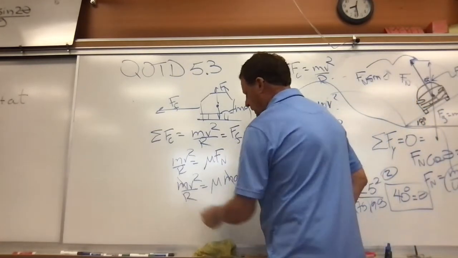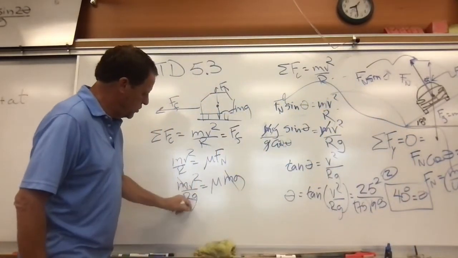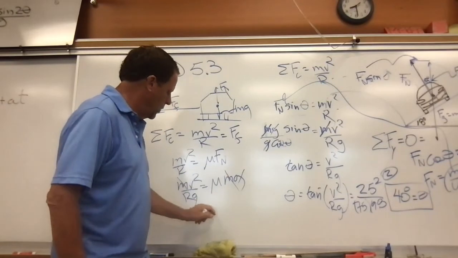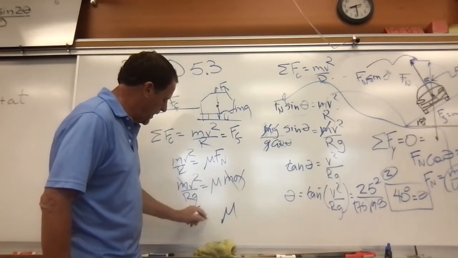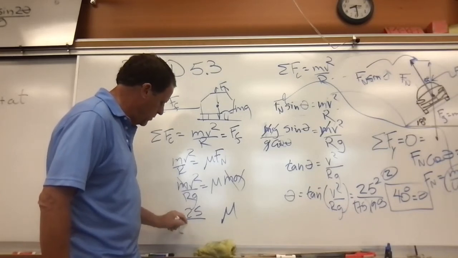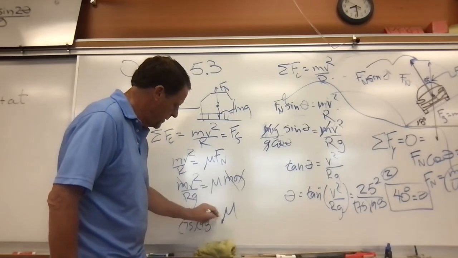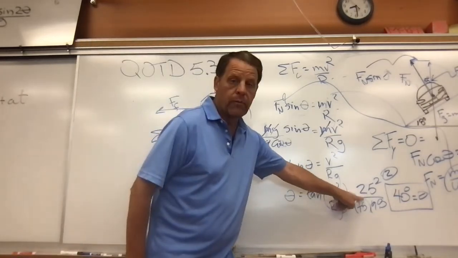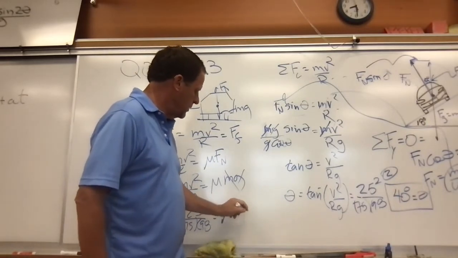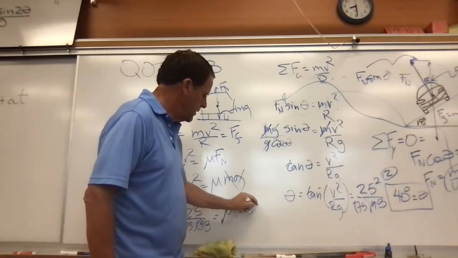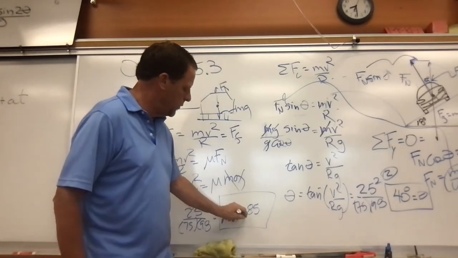Our m's would cancel out, and we're going to divide both sides by g. And so our mu would equal 25 squared divided by r, which is 75, divided by g, which is 9.8. You may remember that from over here, except we're not taking the inverse tangent, and that's going to be 0.85. So our mu would be 0.85.